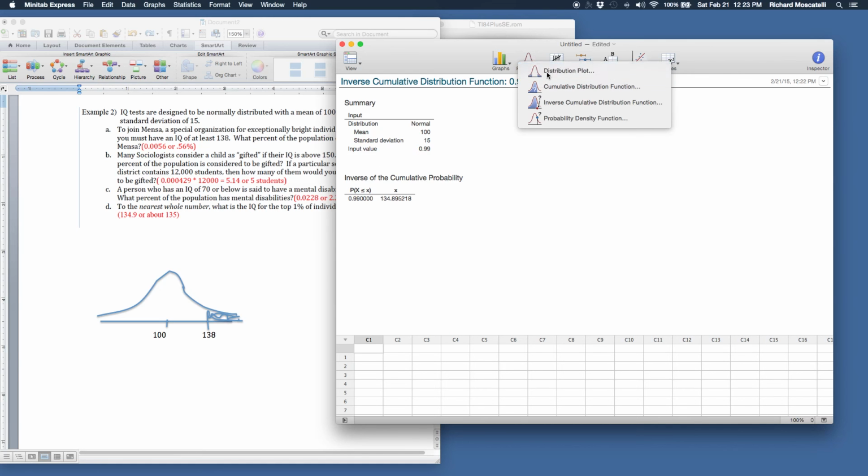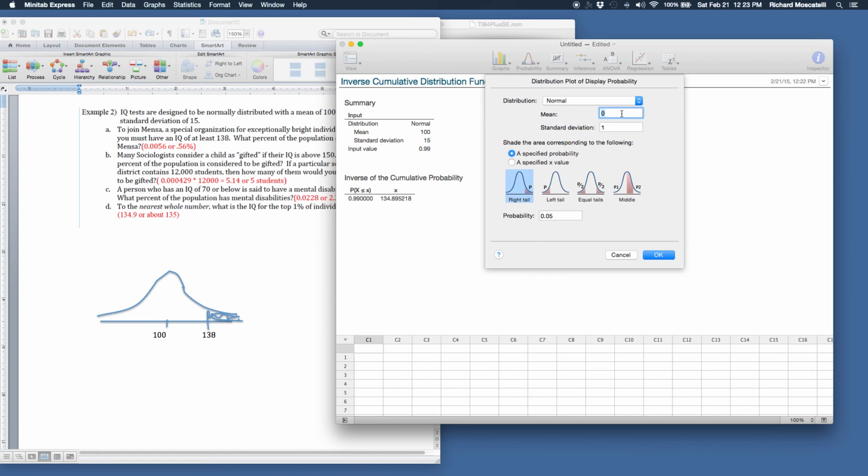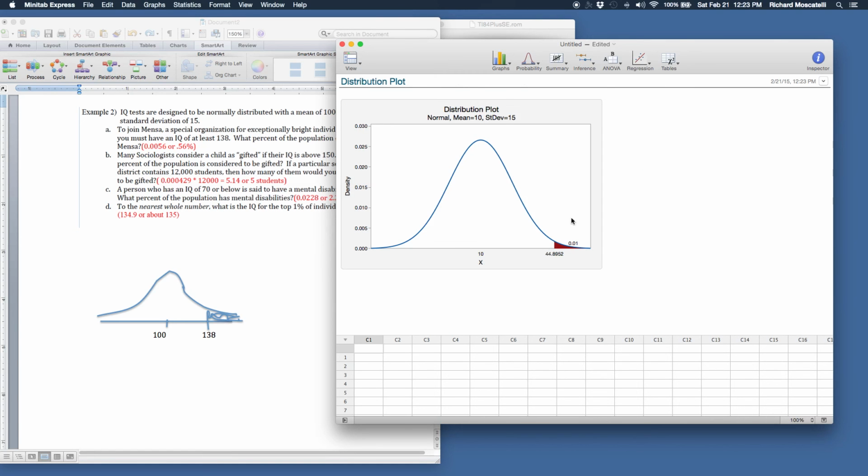However, I kind of think it's nicer to use the distribution plot menu, display a probability. And say, all right, I'm going to give you an area of 1% up here. You return me the x, and say okay, and it draws the picture for you and everything. I'd prefer to see it that way. So I put a 10 here instead of 100.